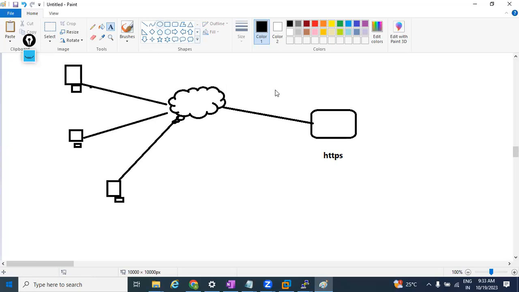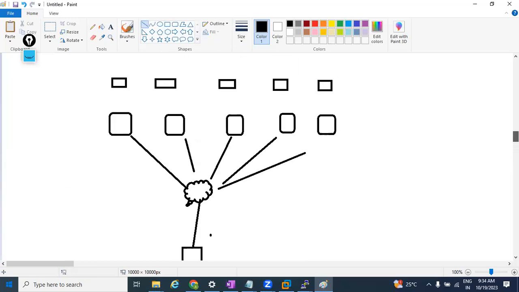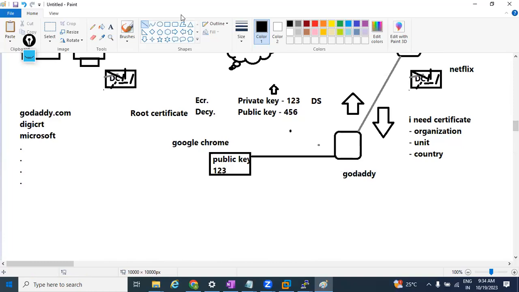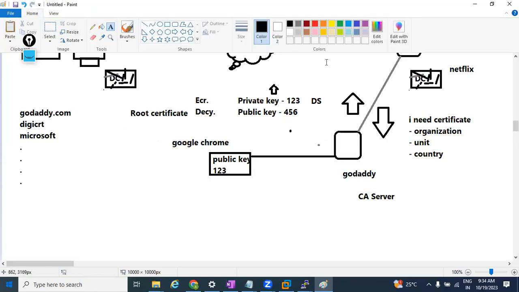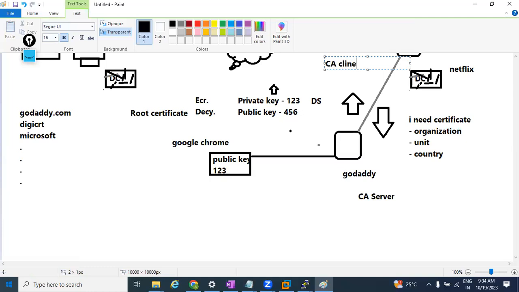For that, what I'll do, I need a CA server, but GoDaddy and all these are the paid services. What I'll do, I'll just create my own, and this is GoDaddy and all. This is known as CA server. What is that? CA server. And Netflix would be what? Act as a CA client here.